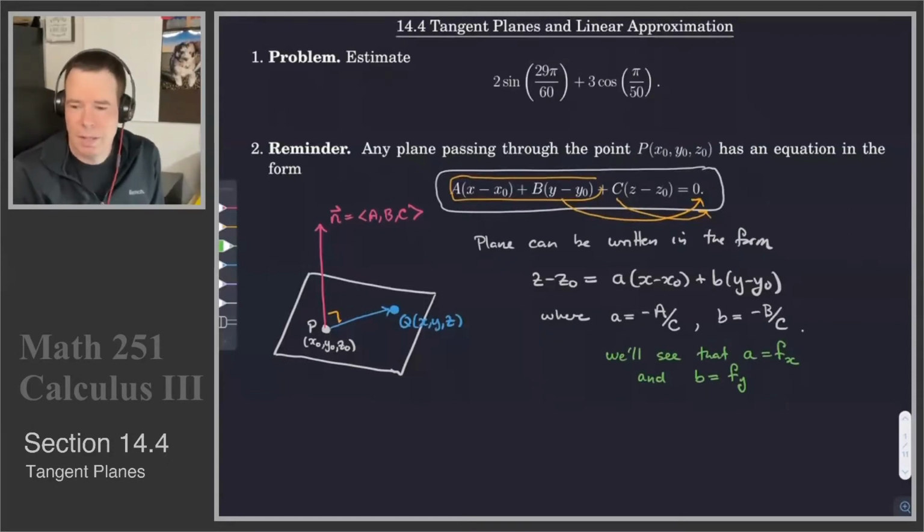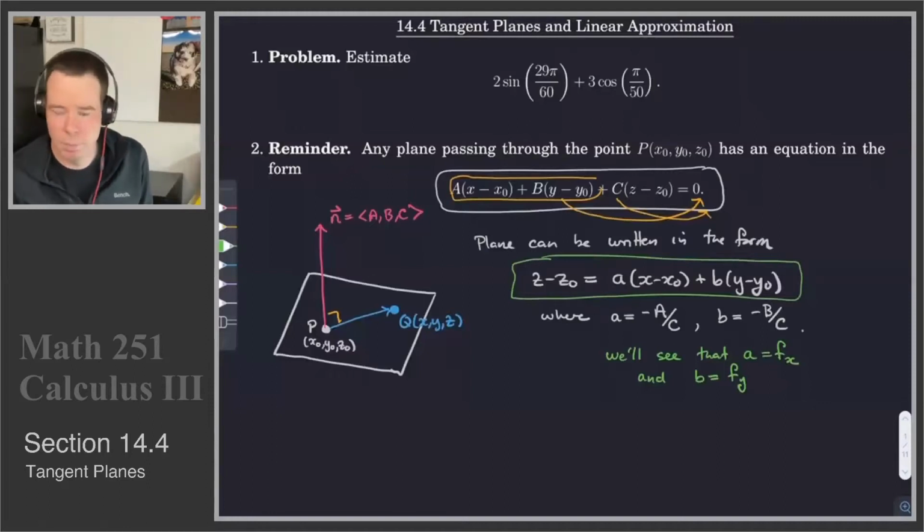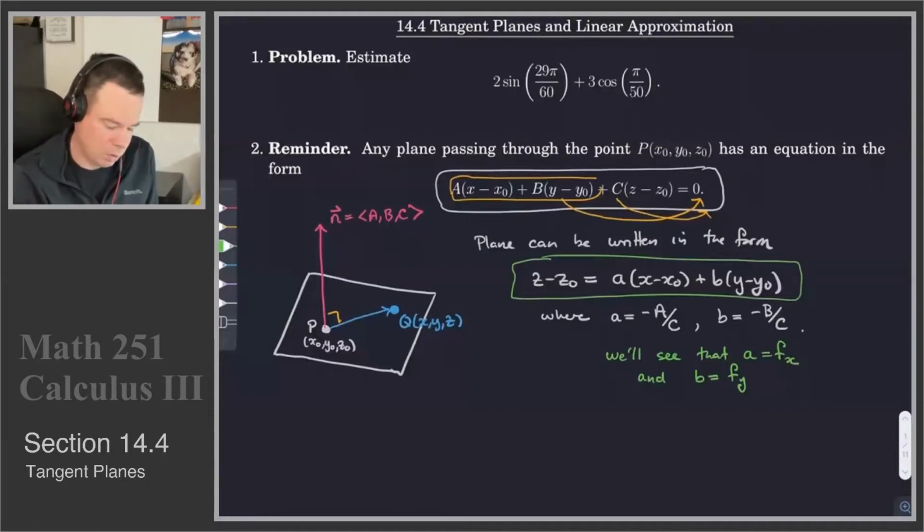So it's a very nice analog to a tangent line. To get a tangent plane, you just do the same thing you would to get a tangent line, except you've got two variables now. And so for each of the variables, you take the derivative and you form the equation of the plane in this way. So this will be the form of the equation that we will typically work with the most when we are dealing with tangent planes.